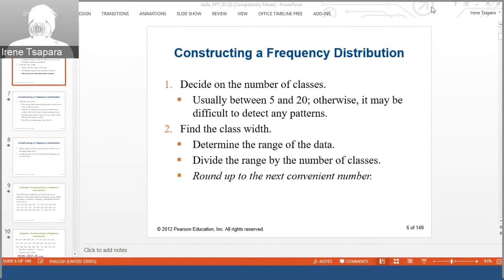But if I have, let's say, car prices that range from $10,000 up to $290,000, then again it would make sense to have probably fewer than 30 classes, because if I had 30 classes, I would have to put together a car that costs $10,000 and a car that costs $30,000.